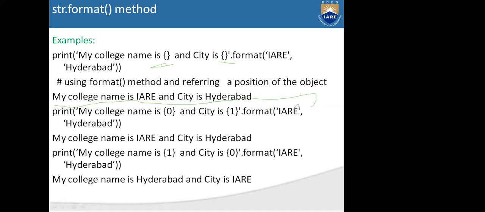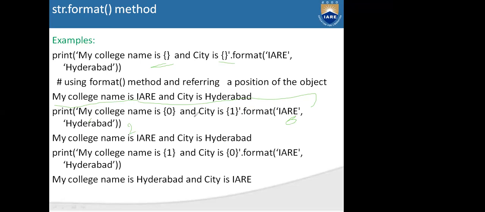The first argument is 0, the second argument is 1, the third argument is 2, like we have taken in for i in range. Similar to that, these indices are taken, so this is the 0th argument, this is the first argument, and another one if it is there, the second argument, and so on and so forth. Understand?